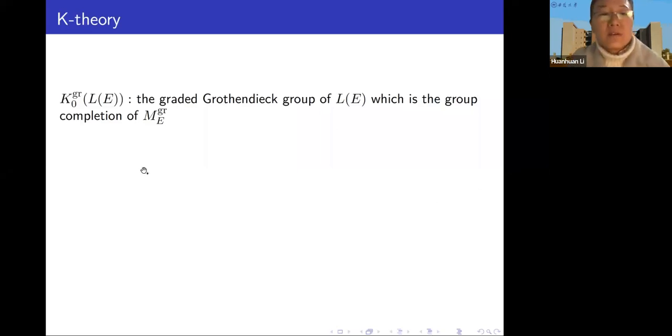Actually for the graded graph monoid, when we do the group completion, we have a group which we denote by K0gr. For the Leavitt path algebra, it is called the graded Grothendieck group.